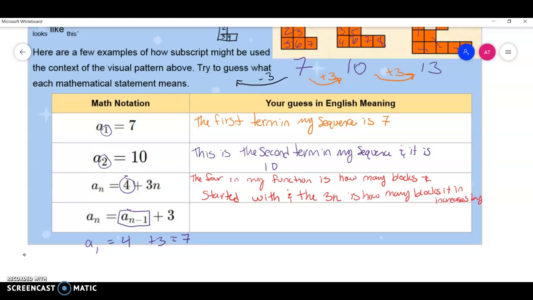So what you're going to write is, or if you already wrote something similar, that's totally fine, leave what you have. This is another way to show our function. A sub n minus 1 is known as the previous term.